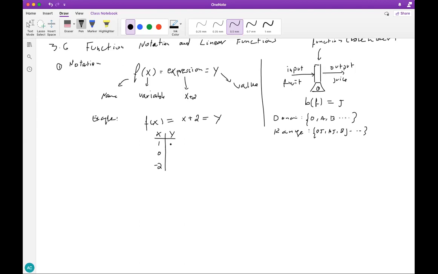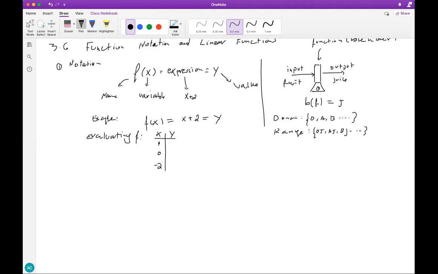So we're going to plug each one of these in here, and then we do some math and we get the value of y here. That operation is called evaluating functions. Evaluating is basically when you plug something into a function and simplify it.